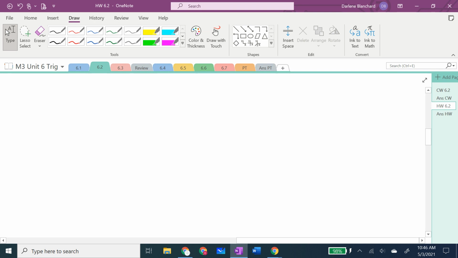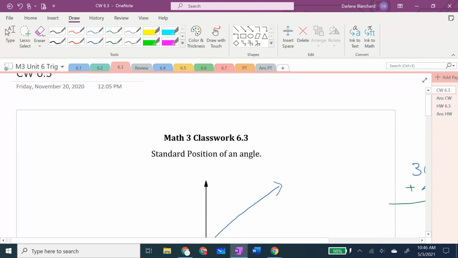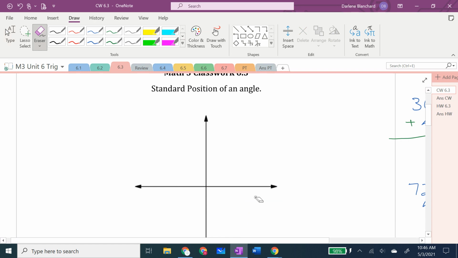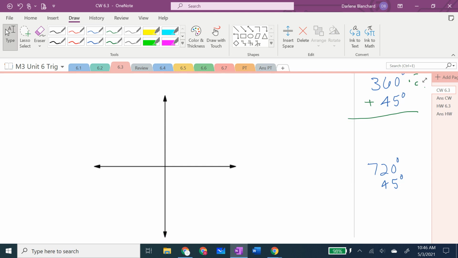And in fact, I think I'm going to come over here. And what I'm going to do is I'm going to draw a triangle. I'm going to draw a right triangle here. And we've got angle theta right there.